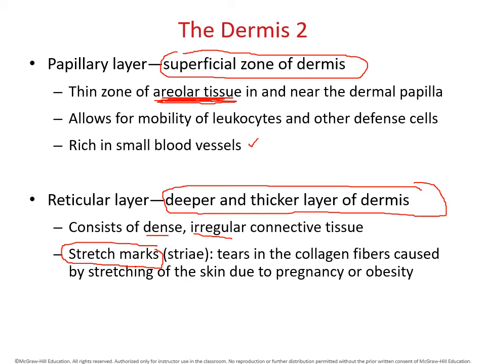It can do so, but one of the side effects is that it might accidentally tear open the collagen fibers that it's so rich with. And when the collagen fibers tear open, those are the little stretch marks that you see. Those little white lines running through where you have stretch marks are nothing but collagen fibers peeking from the dermis through the epidermis.